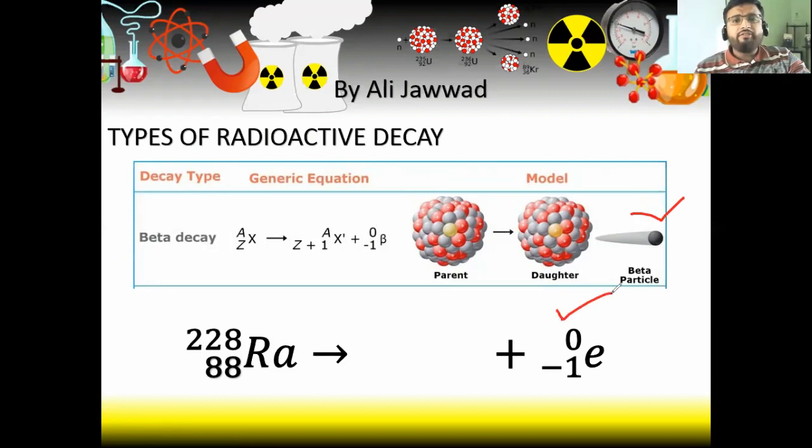But by the way, from where has this negative charge come into the nucleus? Because from our knowledge of chemistry, we know that only protons and neutrons are present. So a neutron gets split into a positive particle, that is a proton, and a negative particle, that is an electron.